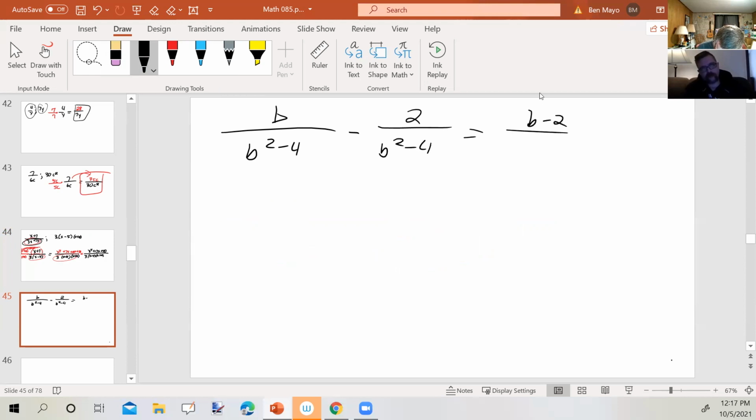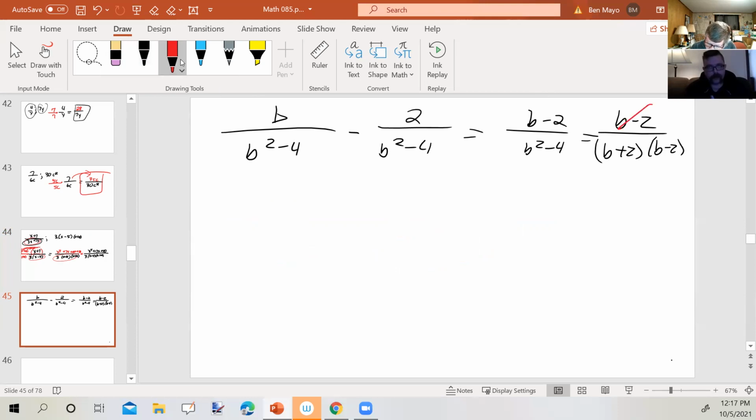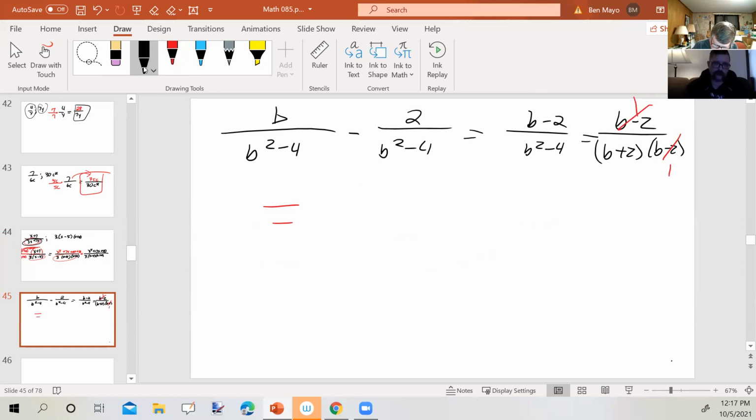So this is b minus 2 over b squared minus 4, which is b minus 2 over b plus 2 times b minus 2. These do not cancel, they reduce. There's still a 1 in the numerator. A common mistake, students will cross these out and say, oh, it's just b plus 2. No, it's not. It's 1 over b plus 2. Okay.